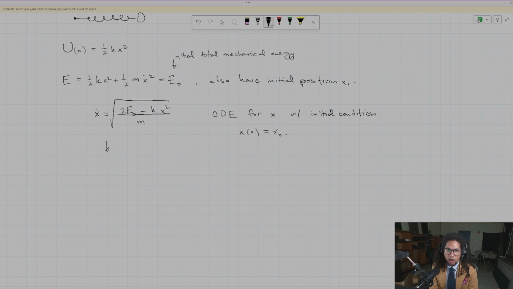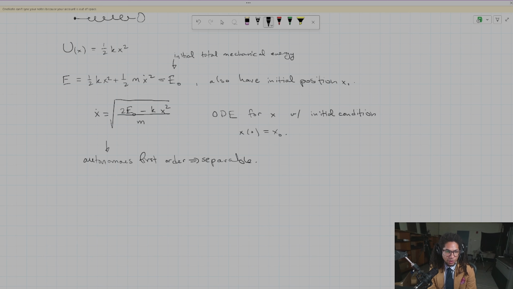Now this is an autonomous first order ODE, which means it's separable. So the way that we generally approach equations like this is to imagine that on this side we have dx dt, we'll move the dt to the other side, and then we'll integrate both sides.